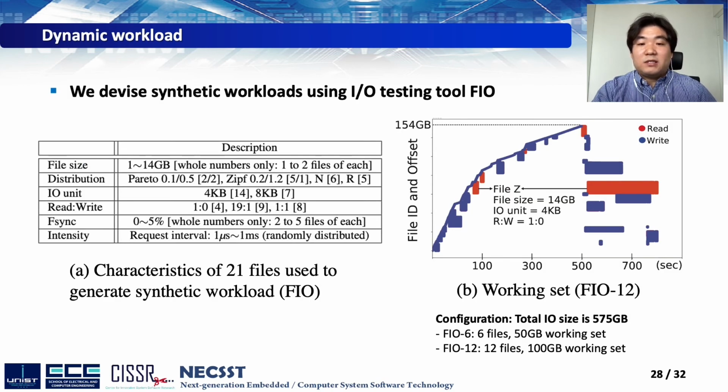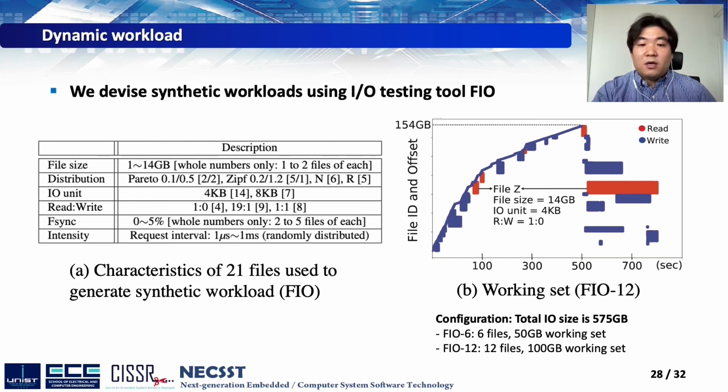The dynamic workload is a synthetic workload generated using FIO, which is an I/O testing tool. Using FIO, we generate 21 distinct files using the characteristics shown in table A. Total dataset size is 154 GB.